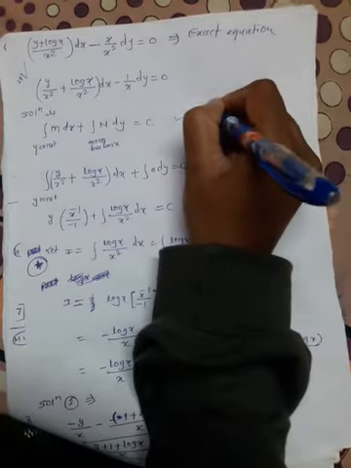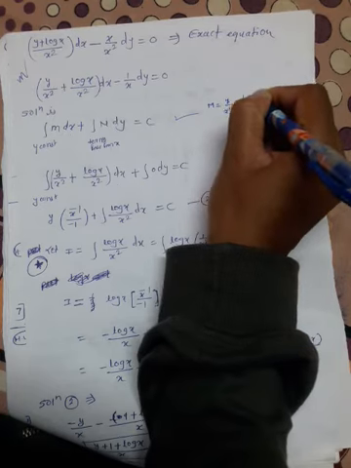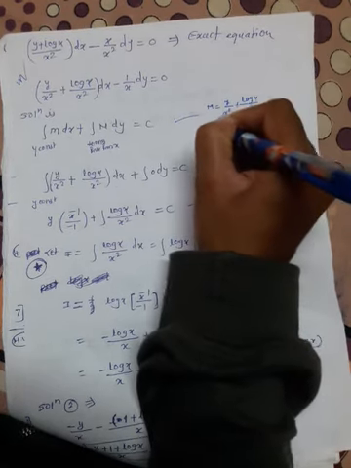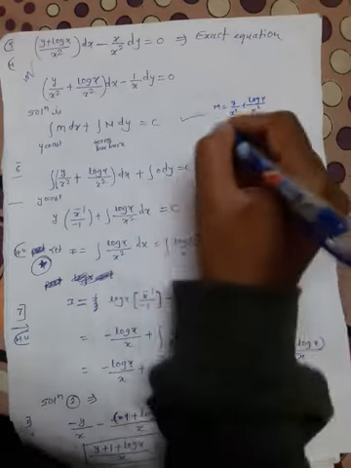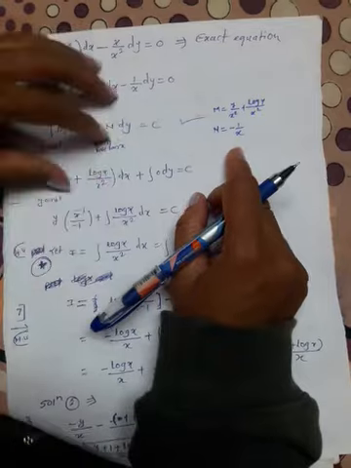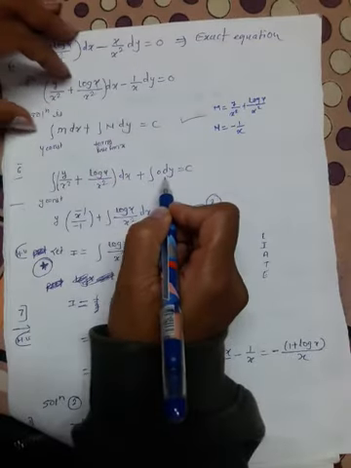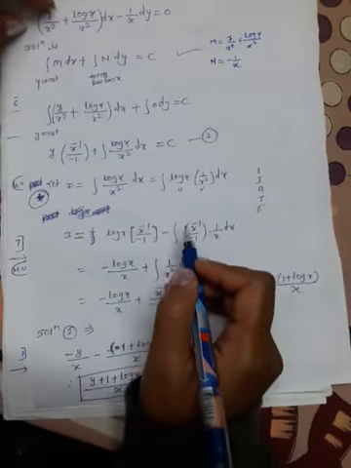Here M is easy, but N doesn't contain terms free from x. There is only one term, which contains x. That's why the N value is 0, is equal to c.